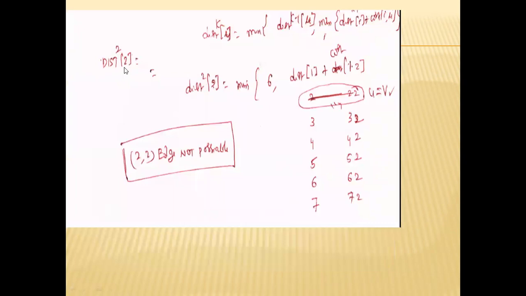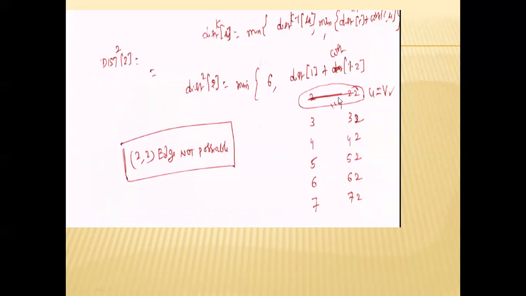Next, distance square 3, distance square 4, distance square 5, and distance square 6. That is, we are calculating distance square 1, distance square 2.